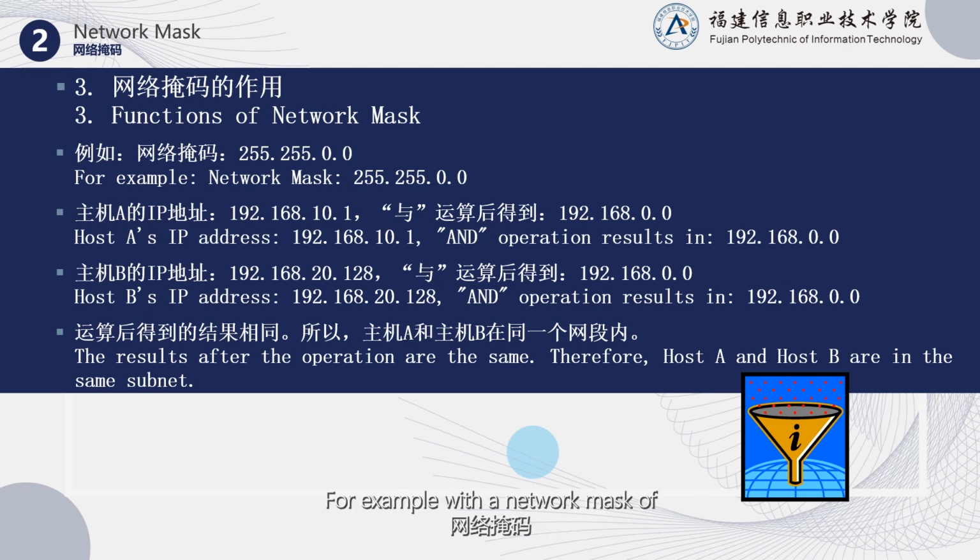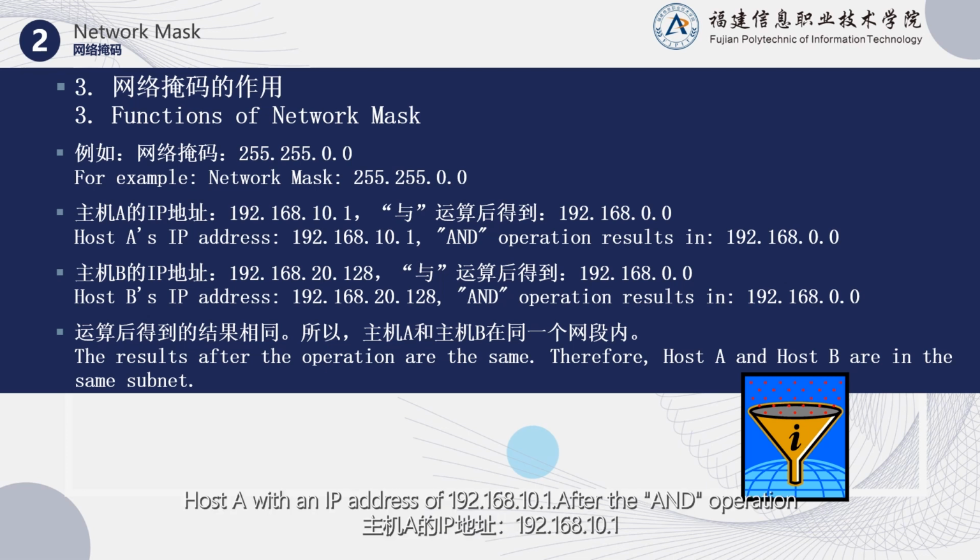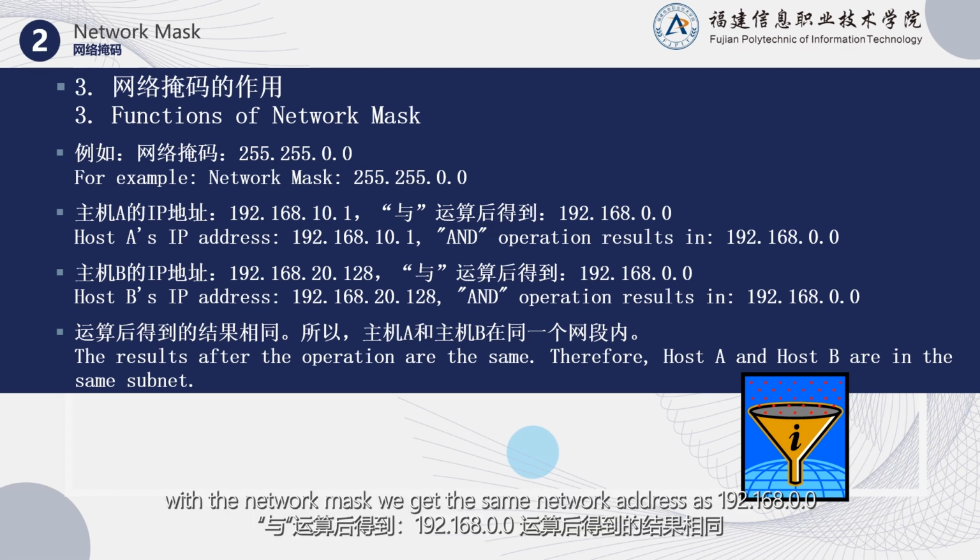For example, with a network mask of 255.255.0.0, let's consider two hosts. Host A with an IP address of 192.168.10.1. After the AND operation with the network mask, we get the network address as 192.168.0.0.